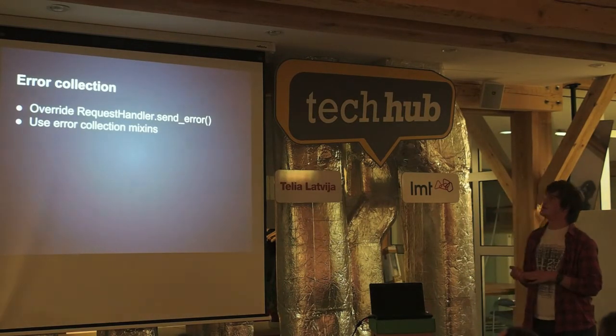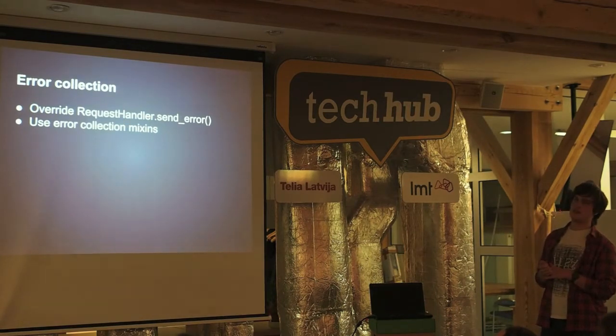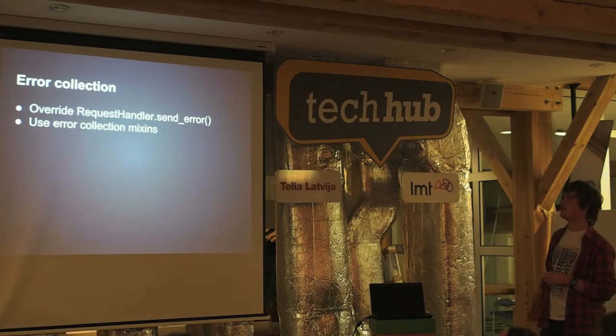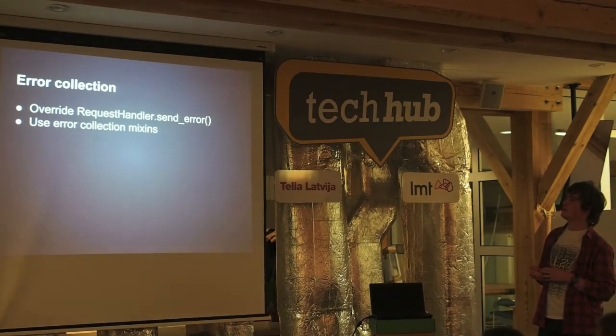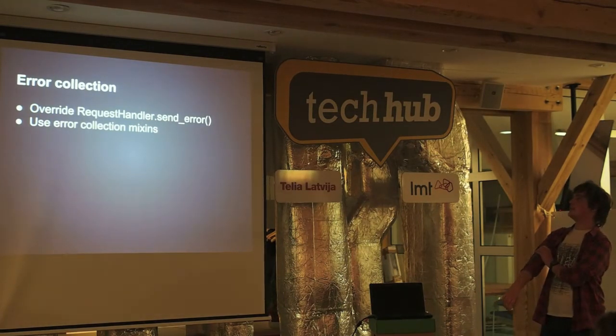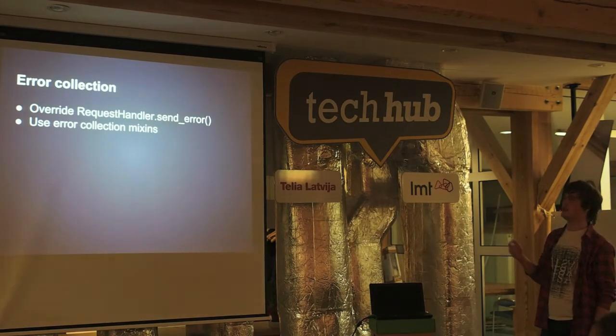And error collection is also one thing that's becoming really trivial because of the standard approach of Tornado apps, where you just override methods or implement your own within the request handler. The request handler has a, by default, empty method called send error, where you can define the behavior when the error is sent to the client, and you can catch all the 500 errors there and do whatever you want with them.